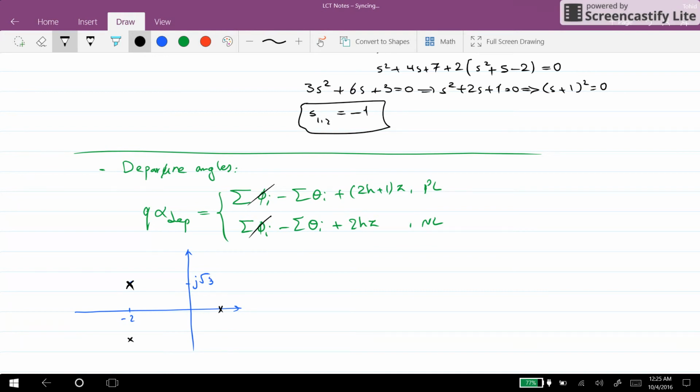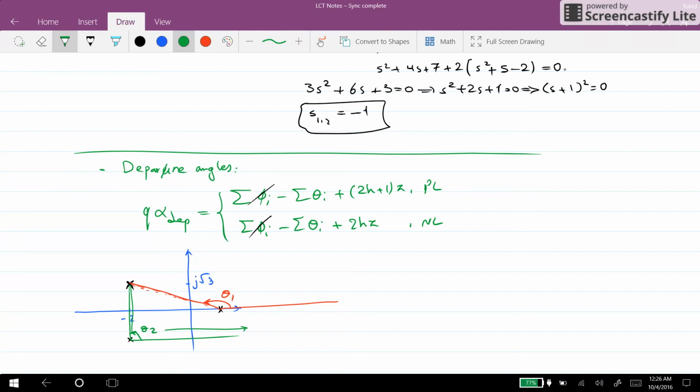To find out theta 1 and theta 2, what we need to do is to connect each pole to this point, as we have it here, and then draw a line from that pole towards the plus infinity. And here we will have the angle theta 1. And for the second pole, we will have this angle as theta 2.